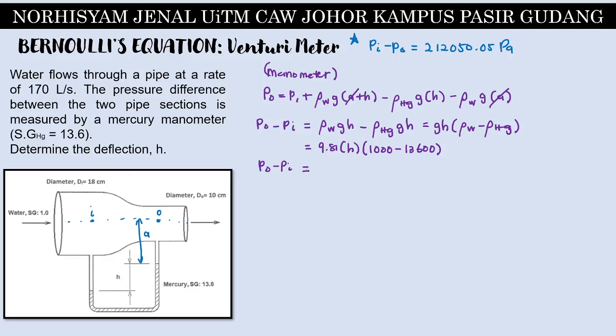So the answer will be negative 123,606H. That will be the answer for PO minus PI for manometer. If you want to use the Pi minus Po from the Bernoulli equation to compare with this, we need to change it back. Pi minus Po will be the other sign than negative over here, so it will be positive 123,606H.